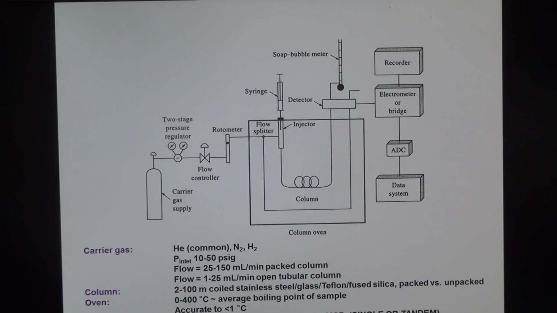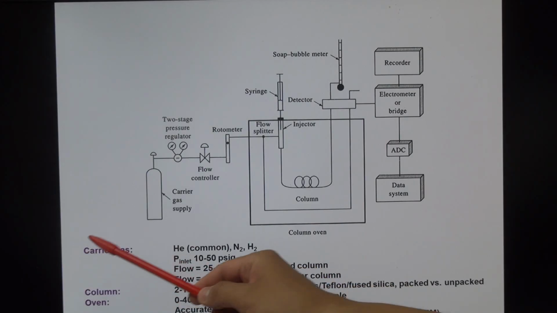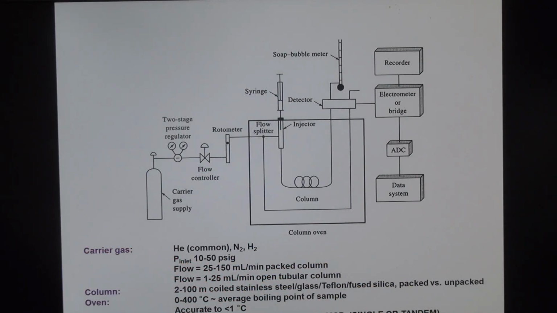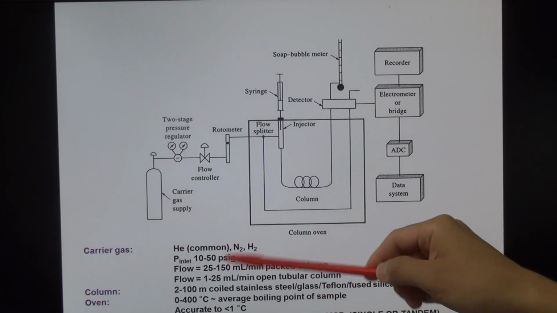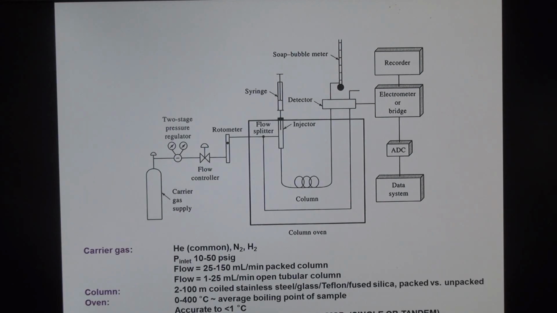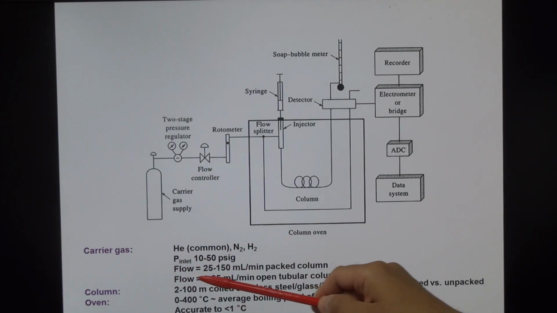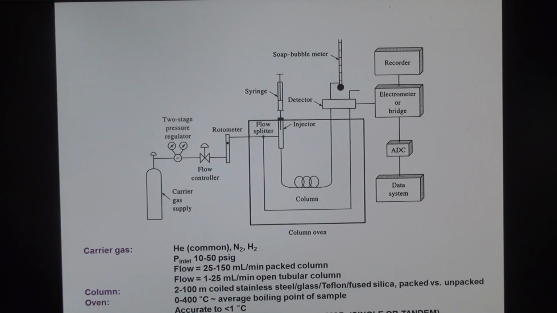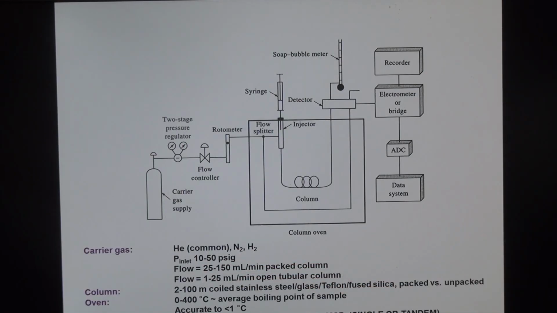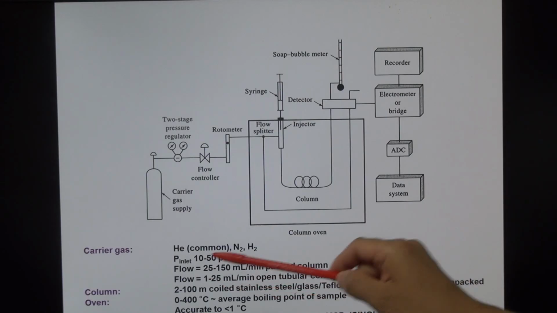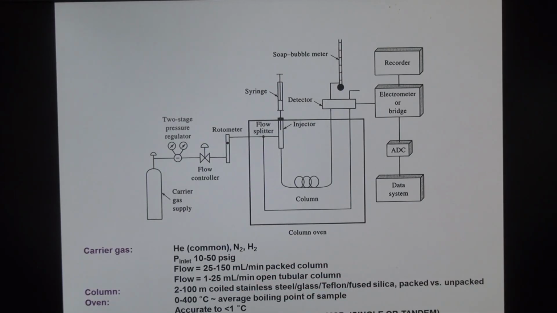Okay? If you look over briefly the basic components of GC, we first need carrier gas as a mobile phase. Commonly, helium is used. Sometimes nitrogen or hydrogen is also used. So carrier gas is used at very high pressure, and depending on the type of column, it has different flow rate, and we need to control this flow rate, okay, for the proper operation of GC.